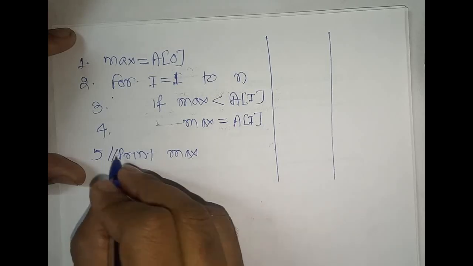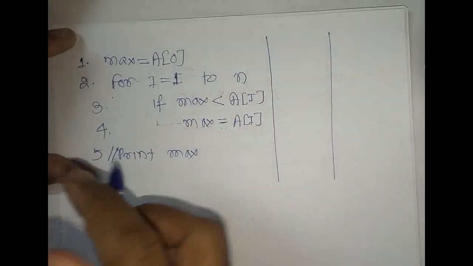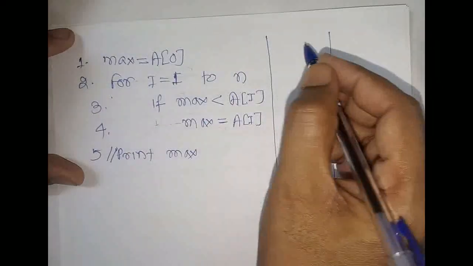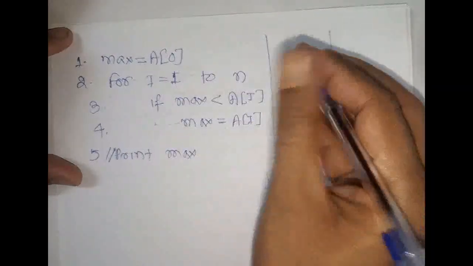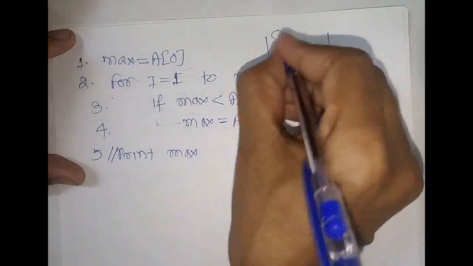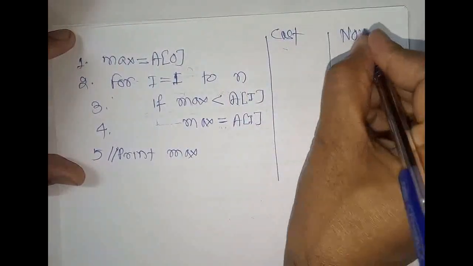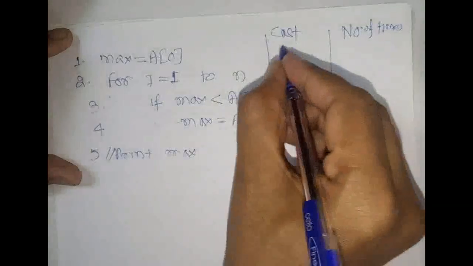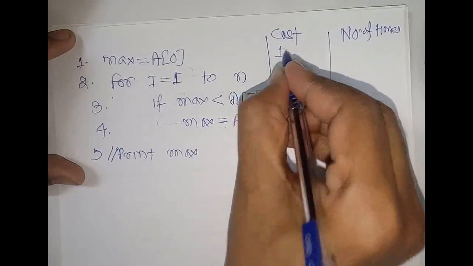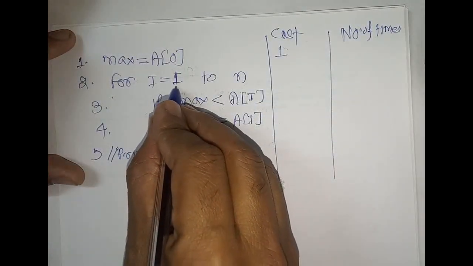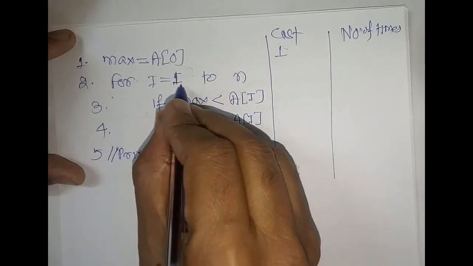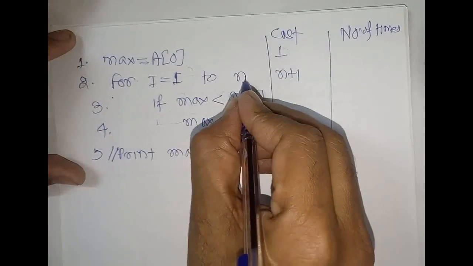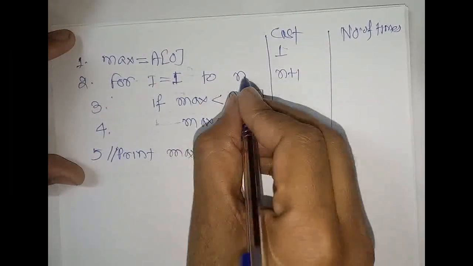So we are not considering it. Here we will write how many times each statement will execute during the runtime of the algorithm. So first here we are writing cost, and here we are writing the number of times each statement is executing. This statement will execute only one time, and this statement from 1 to n will execute n plus 1 times, because from 1 to n for true values, and it will run one more time for false values.